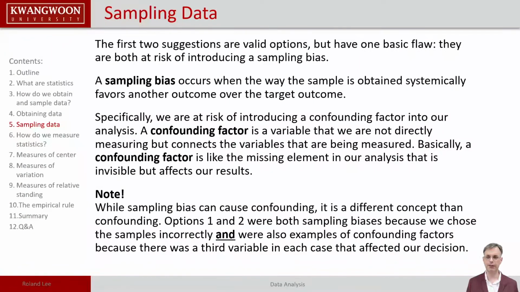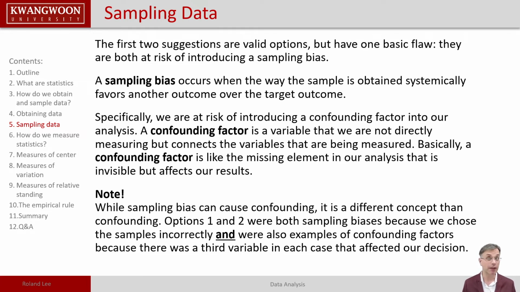You see that the first two are valid options for choosing samples and are fairly simple to implement, but, and here it comes, both have one fundamental flaw. They are both at risk of introducing a sampling bias.